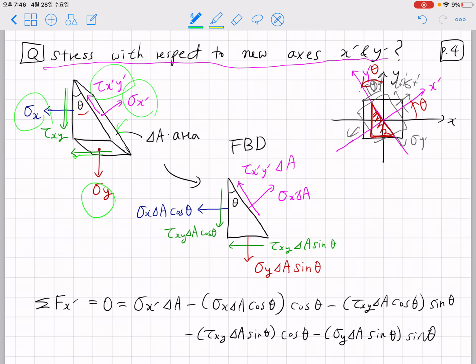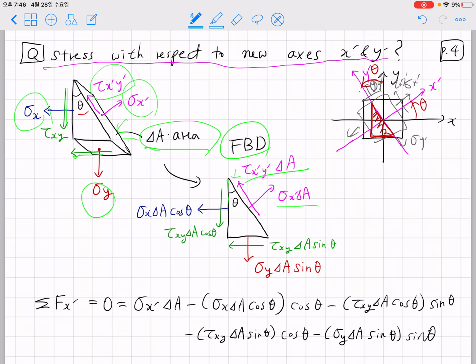Given this, let's also define the area of the inclined surface as delta A, and try to draw the free body diagram. Because stress is force per unit area, to obtain force we have to multiply by the area. For the inclined area, where we define the area as delta A, we multiply by delta A to obtain the force acting in the normal direction and the shearing direction.